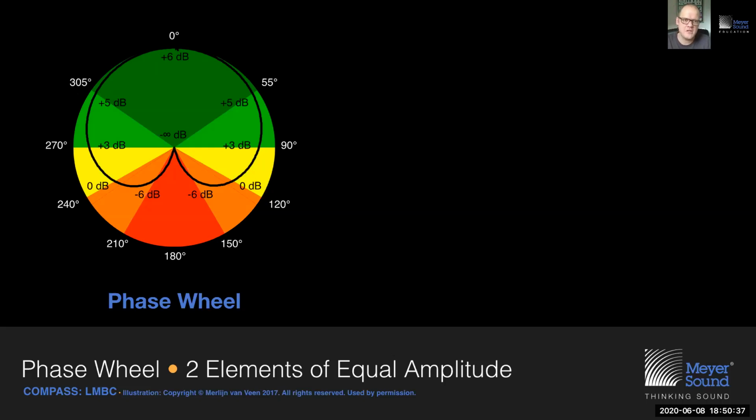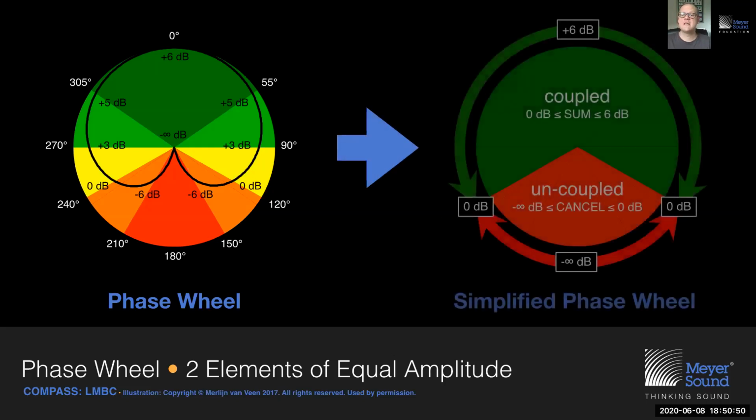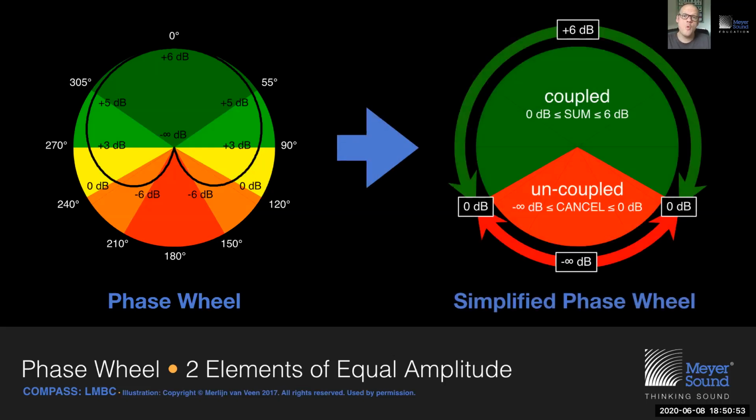Those that are familiar with the phase wheel know this routine. But very often you run into the question to be coupled or to be uncoupled. And basically, that's a binary question. And in order to appreciate that, let's look at the simplified phase wheel. When there is constructive interference, when there is addition rather than cancellation, you have to be in the green part of the phase wheel, where there is as little as 0 decibel summation when there's 120 or 240 degree offset, to as much as 6 decibels of summation with no offset altogether.